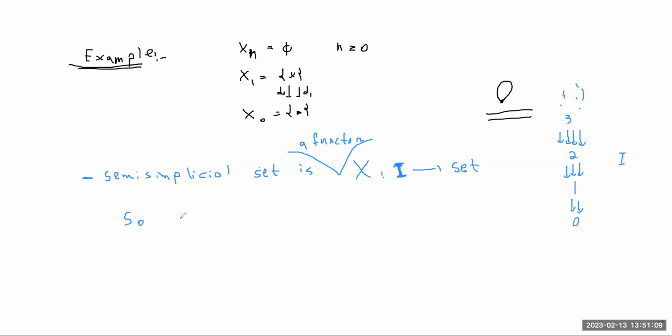What is a map between two semi-simplicial sets? If the object is a functor, then the map is a natural transformation between them.